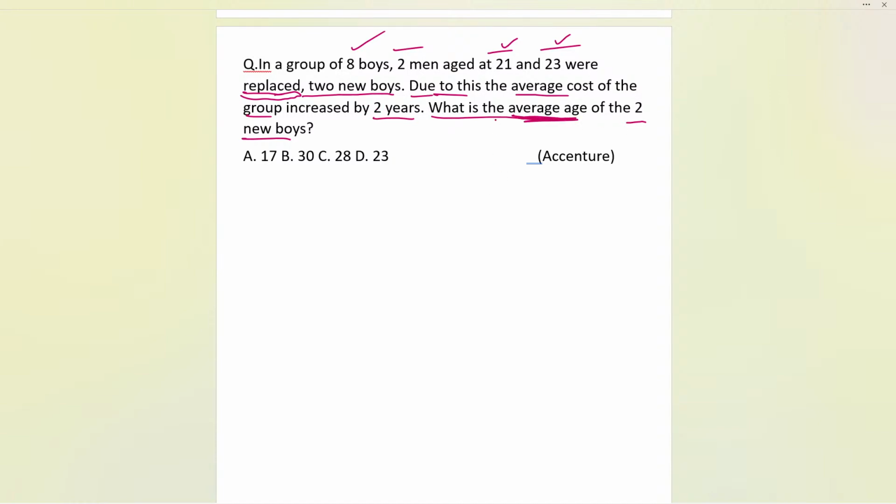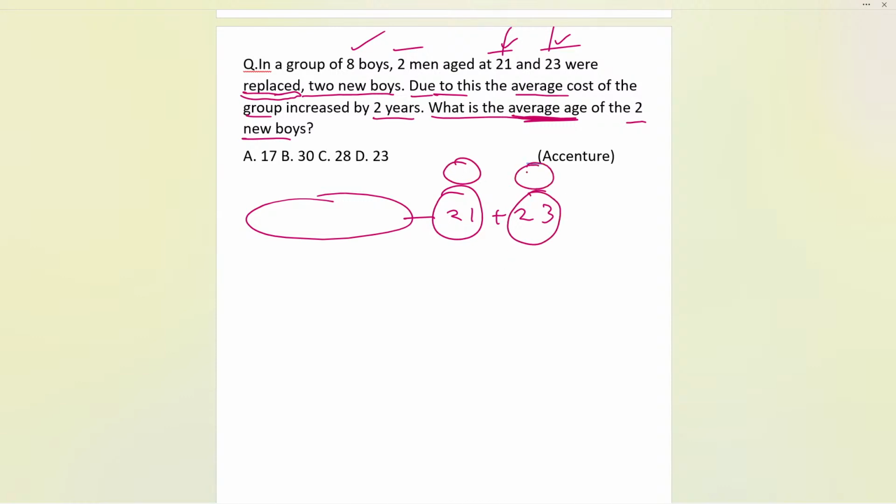Can I say that if these are removed, that is a change happening? Whatever the total we have, we remove 21 and 23, and some other persons come in, and after that we found that the total change was 2 years.